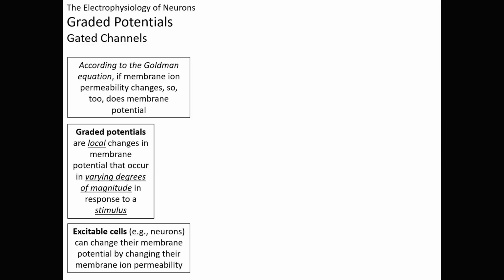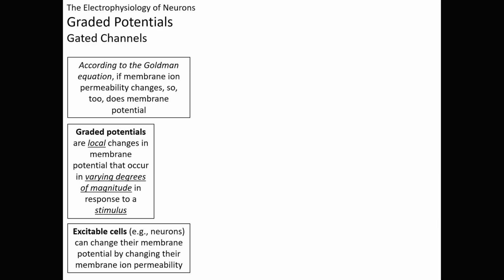And then last thing here, just in terms of definitions, is the definition of an excitable cell. It says here, excitable cells can change their membrane potential by changing their membrane ion permeability. We discussed earlier this week that all cells have a resting membrane potential. That's not a unique property of neurons. All cells have a resting membrane potential. However, only a subset of our cells are excitable.